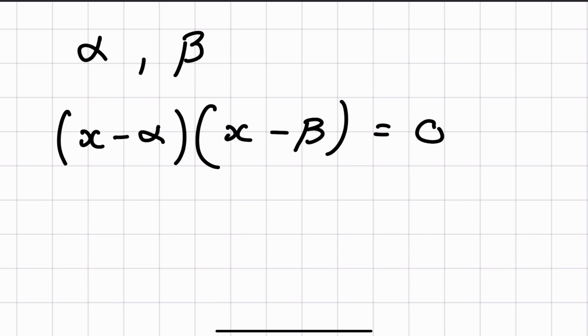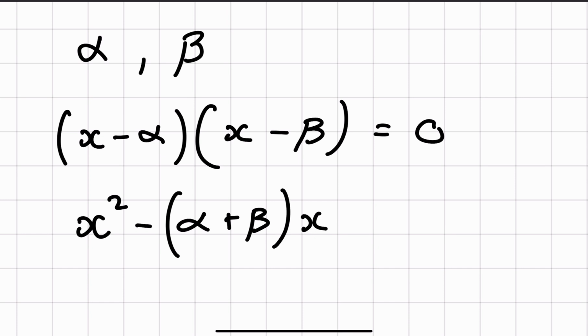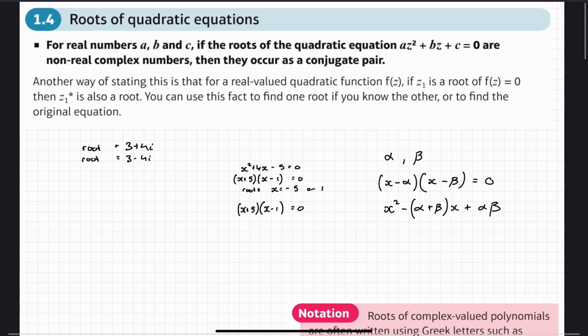And we know that when we multiply them out, we get x squared, and we take away the sum of those roots, and we add the two roots multiplied, alpha beta there.